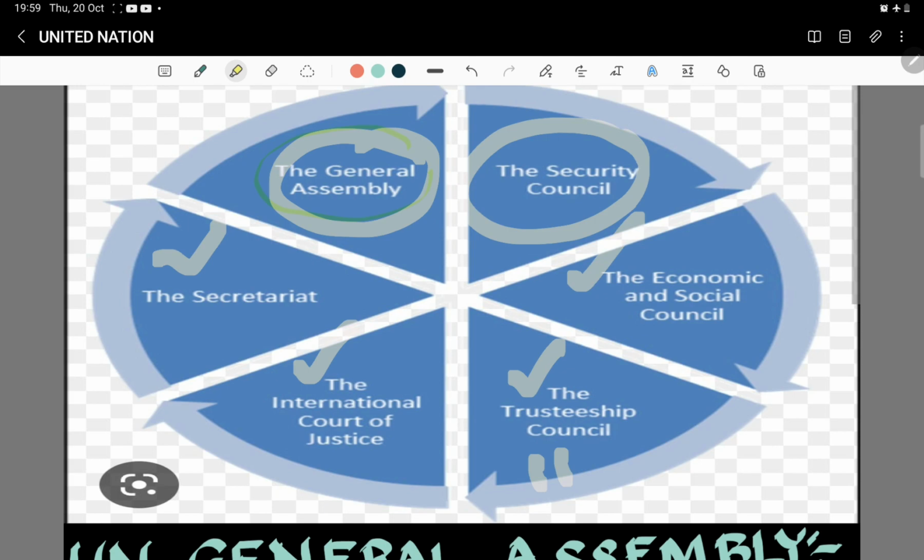The International Court of Justice is the principal judicial organ that settles legal disputes between member states. And the last principal organ is the Secretariat. It is made up of an international staff that carries out the day-to-day work of the United Nations, and its headquarters is in New York.